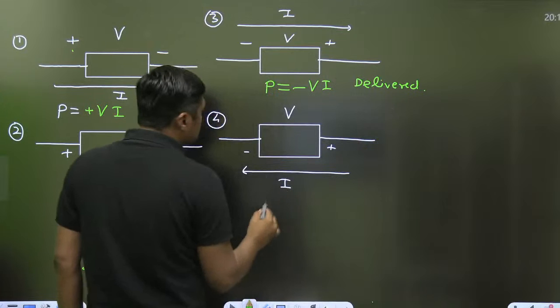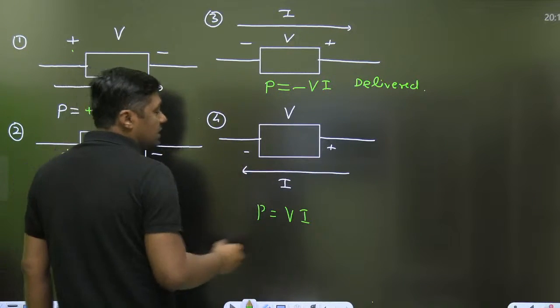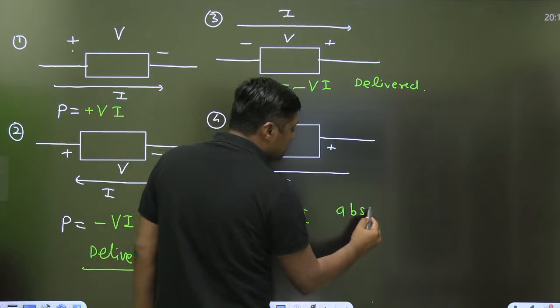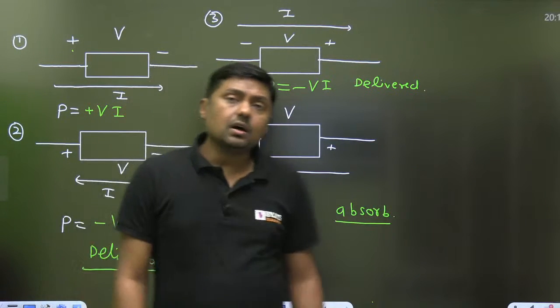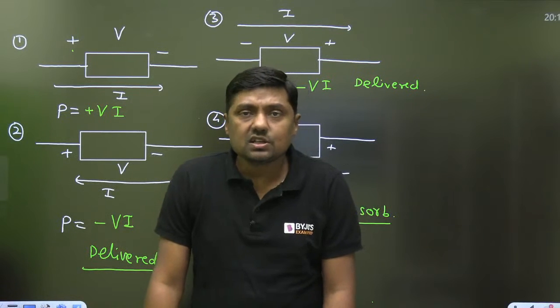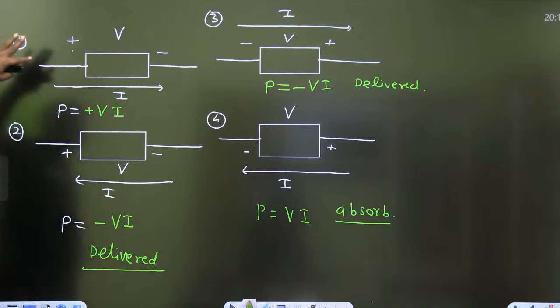And here P is equal to VI. Again, the current enters through the plus and leaves the minus, and that's why it is absorbed. So that is the condition to satisfy Tellegen's theorem. Okay, so these are the four cases.